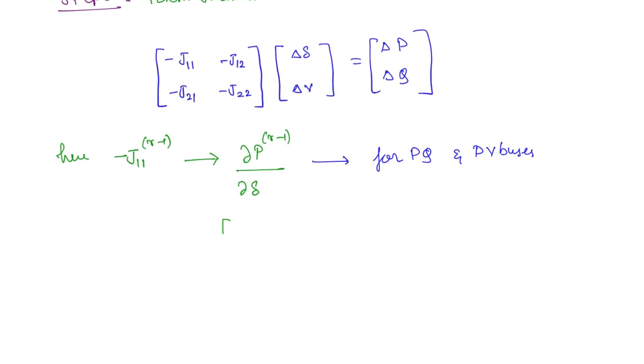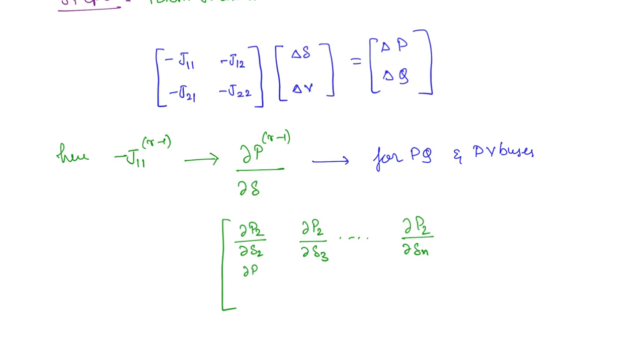This is going to be ∂P2 by ∂δ2. I am not writing the superscript r minus 1 as of now as it will get confusing, so I am just writing the main expressions. Similarly, the power at the second bus you differentiate by ∂δ3 and so on till ∂P2 by ∂δn.